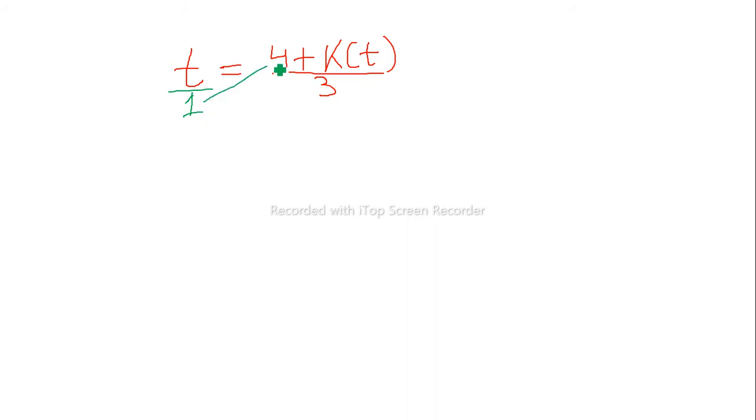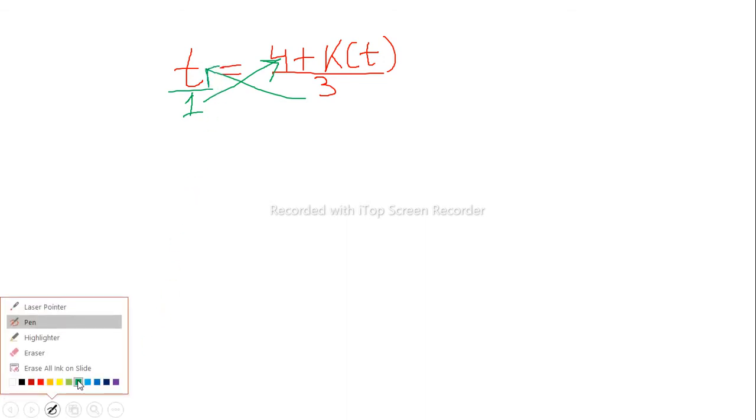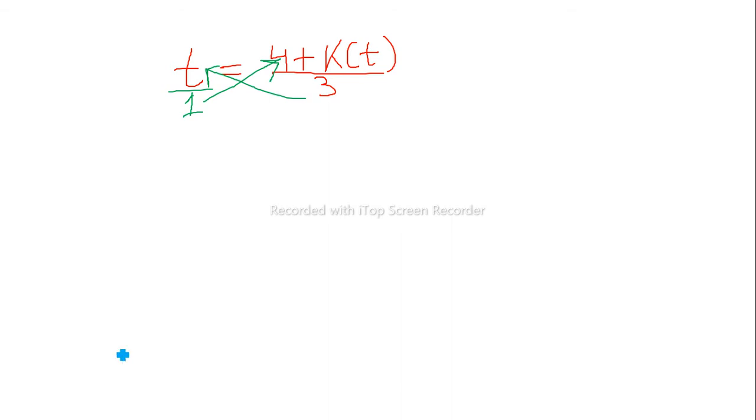So 1 times 4 plus K of T, and 3 times T. What is 3 times T? 3T. Now what is 1 times 4 plus K of T? 4 plus K of T.